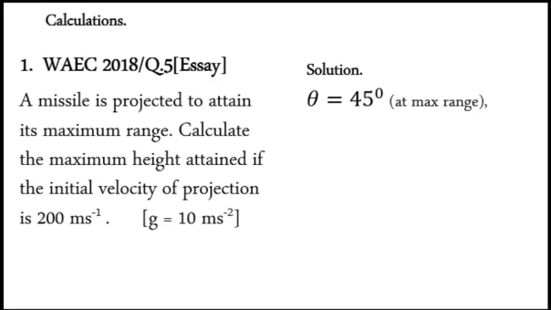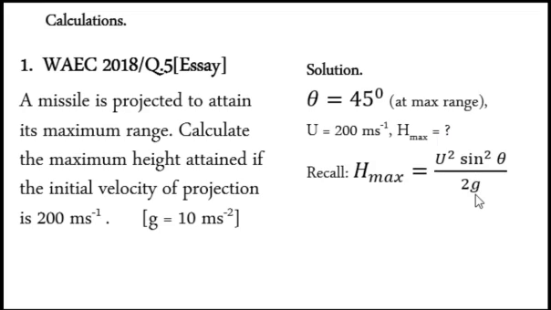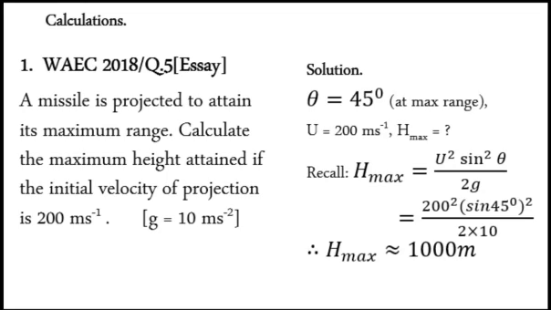Then we have u to be 200. We are looking for height. So the formula for height is u squared sine squared theta over 2g. By the time we substitute the parameters, we have 200 squared times sine 45 all squared over 2 times 10, and that is going to give me approximately 1000 meter.